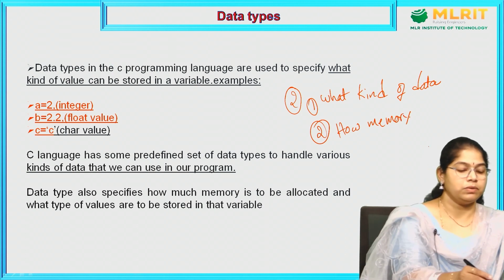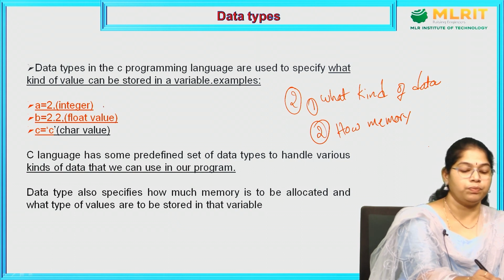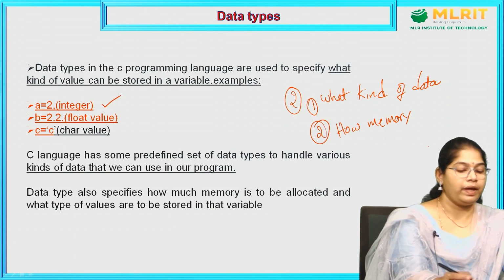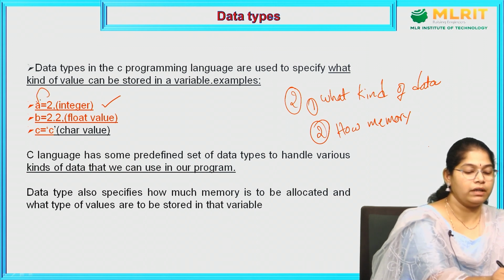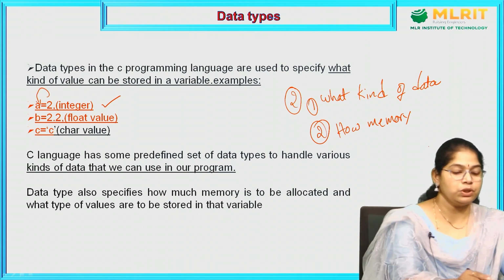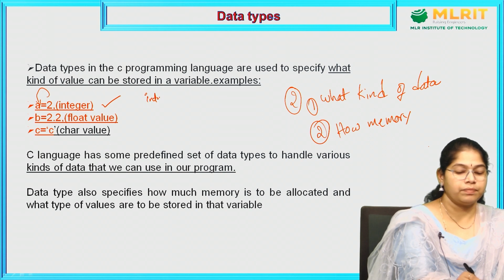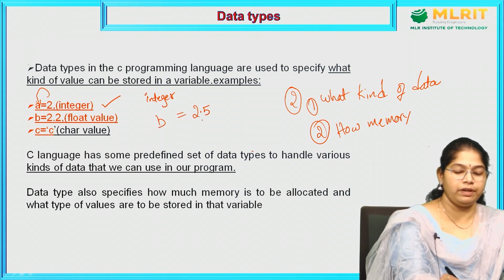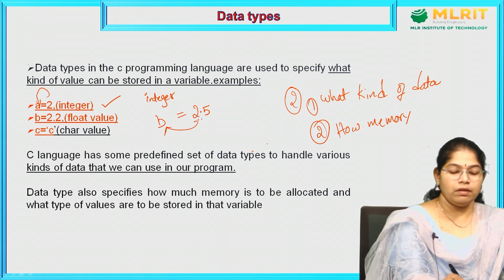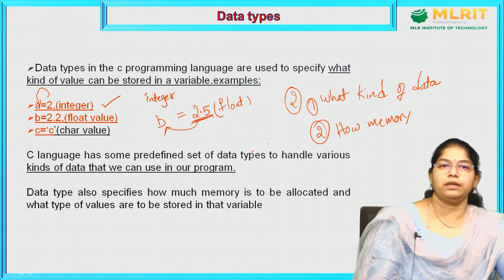Let us suppose we have a is equal to 2, where a is a variable which stores a value 2, which is of type integer. If I want to store a value like 2.5 in a variable, this is a floating point, in which we have to use a data type called float to store this value.